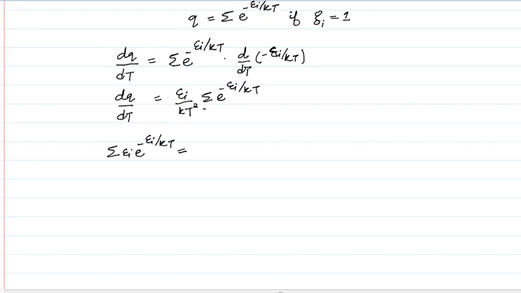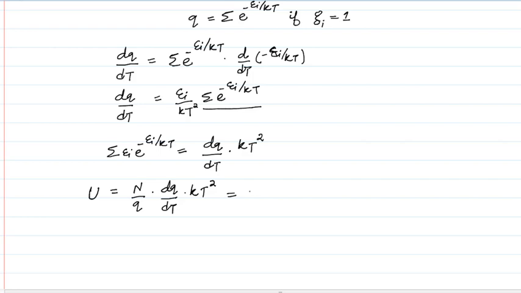Here k is simply the Boltzmann constant, so this can also be written as NkT square into the differential of Q divided by Q, which is d ln of Q divided by dT.